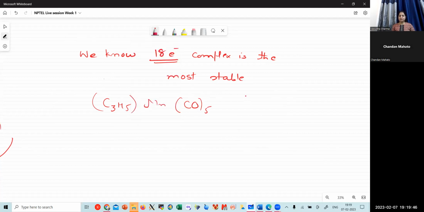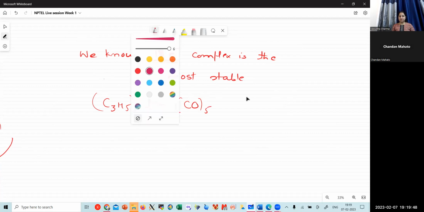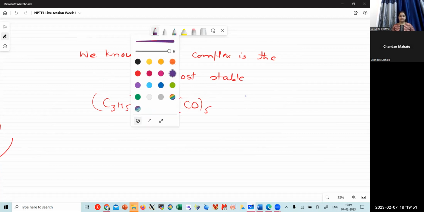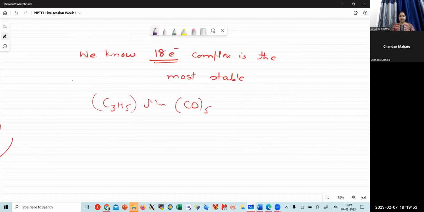If I say I don't know the hapticity of this particular C3H5, and I will take it as X. Now Mn will give how many electrons? The atomic number of manganese is 25. And how many electrons will it give?